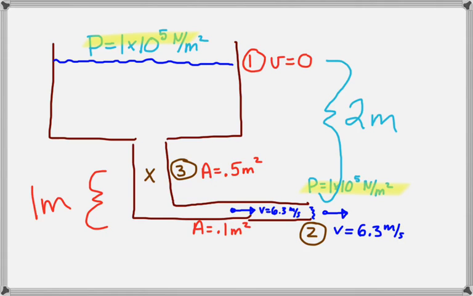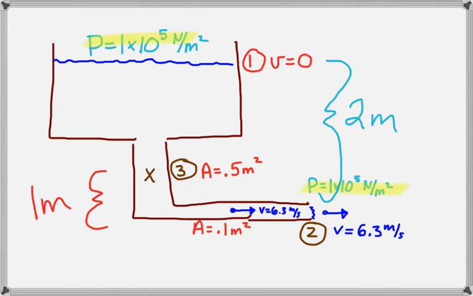Wait, the pressure or the velocity? The pressure. Bigger, yeah, because the velocity is smaller, so pressure will be bigger. So if the velocity gets smaller, pressure goes up. What other factor is there to think about? All right, so which point is deeper? Point 2 is deeper.